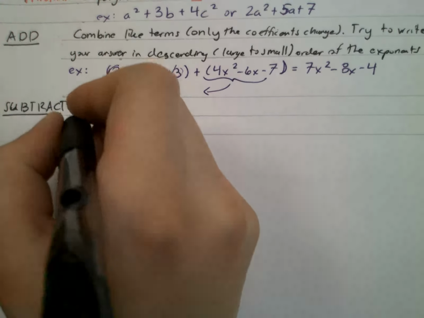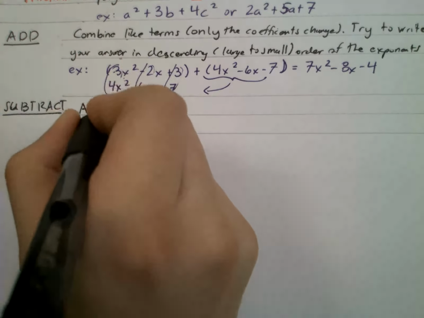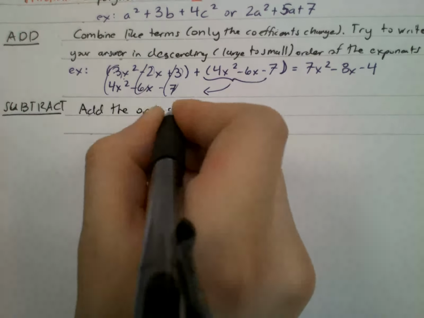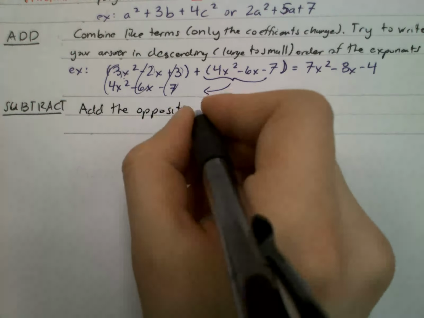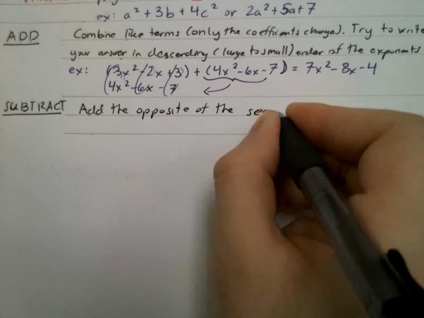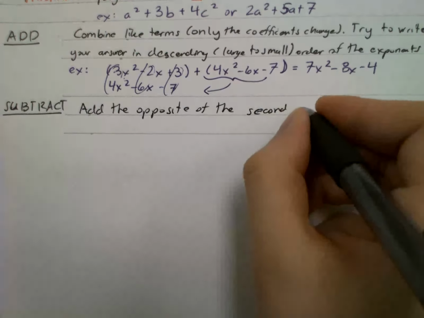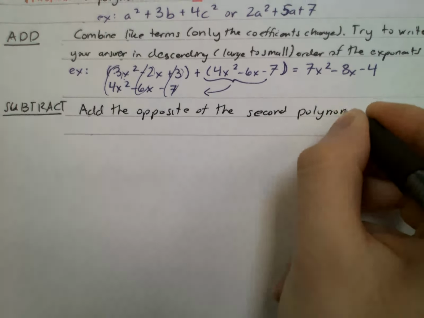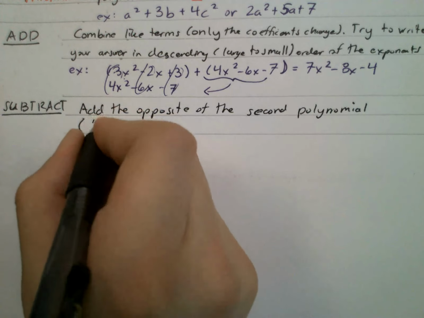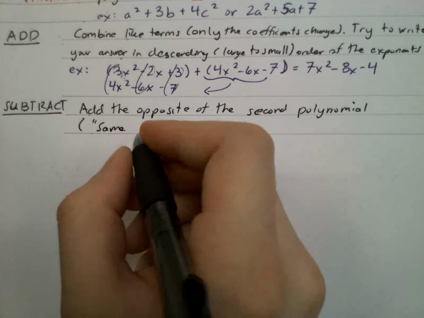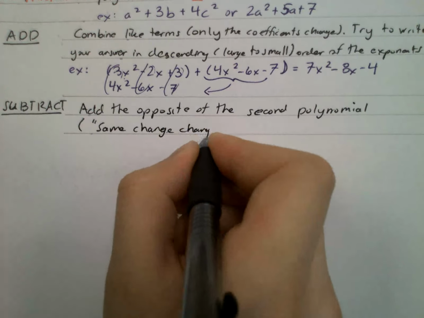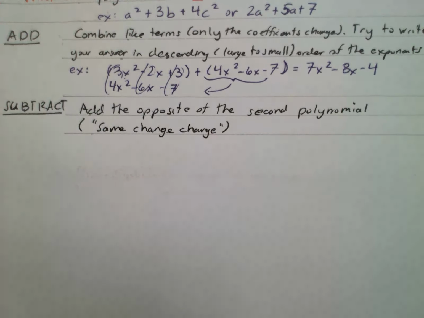So a weird way to word this would be you're going to add the opposite of the second polynomial. Okay. Same, change, is another way to put that in an informal term.